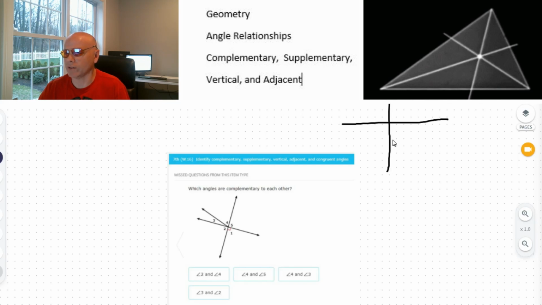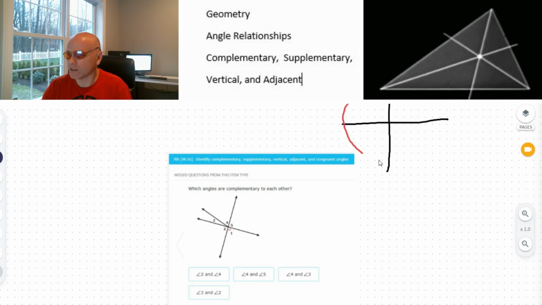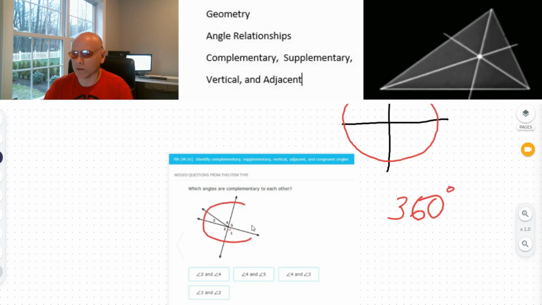This is what we have in this problem. Imagine a circle on top of this. What do you know about a circle? A circle is 360, right? They're telling us angle 1 is 90.